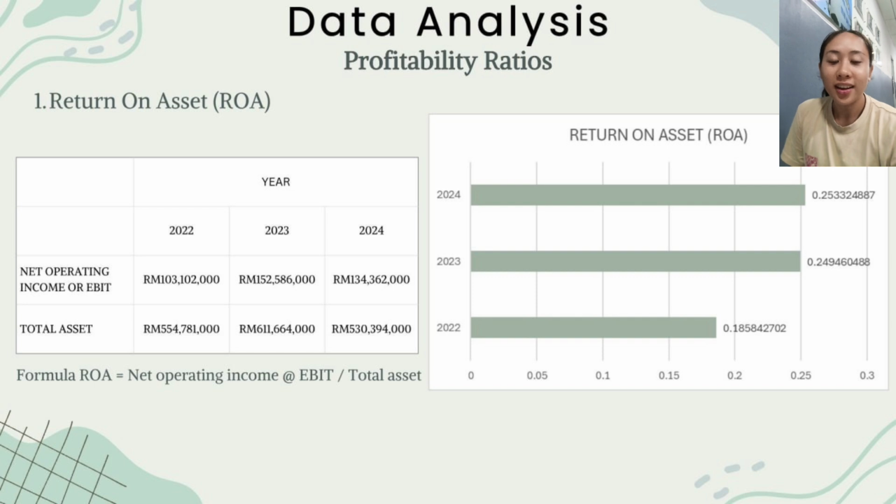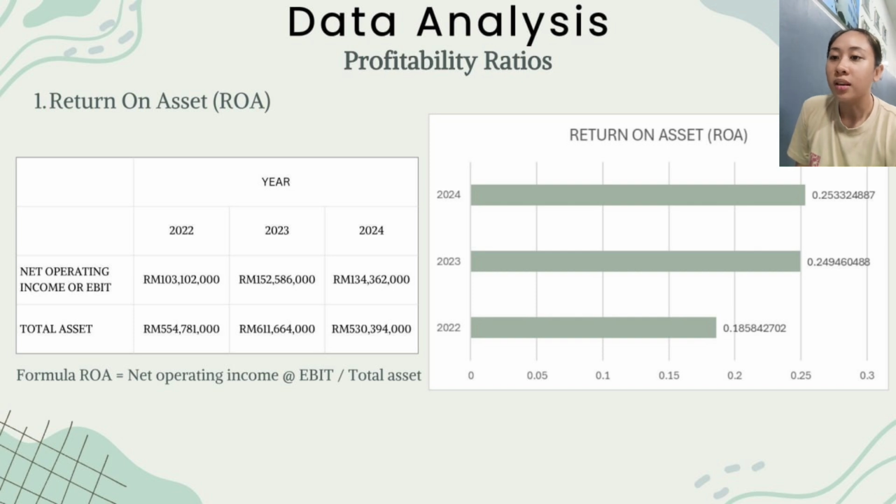Moving towards the data analysis, I will present the profitability ratios for this company. Firstly, the ratio return on asset. This ratio measures whether the company used its assets to generate profit efficiently or not. As you can see in the chart or in the graph, the return on asset is much higher in 2024 and very low in 2023.